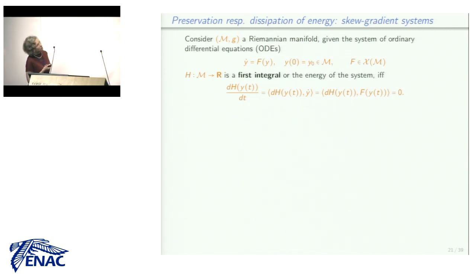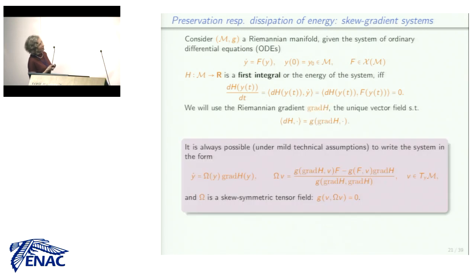We want to use the Riemannian gradient to describe our vector fields. The Riemannian gradient is the unique vector field that satisfies this property here. So it relates the differential of H with a vector field by means of the metric.